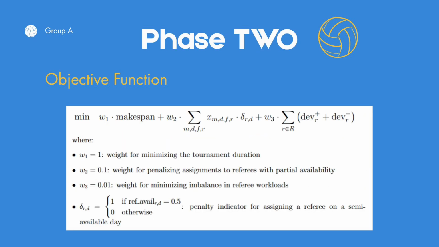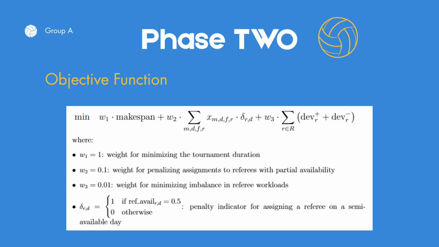The objective function includes three main parts. First, we minimize the max span, or the total number of days needed to complete the tournament. Second, we penalize assigning referees on days when they are only partially available. We apply a weight of 0.1 to discourage that unless necessary.